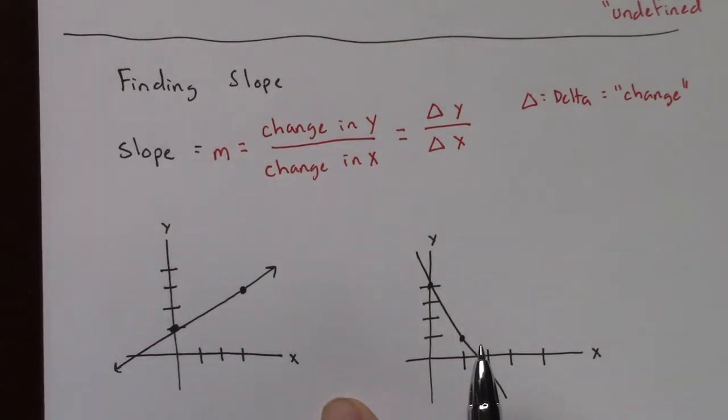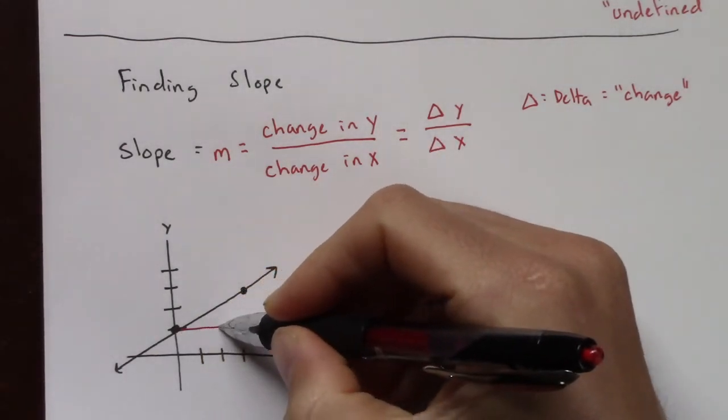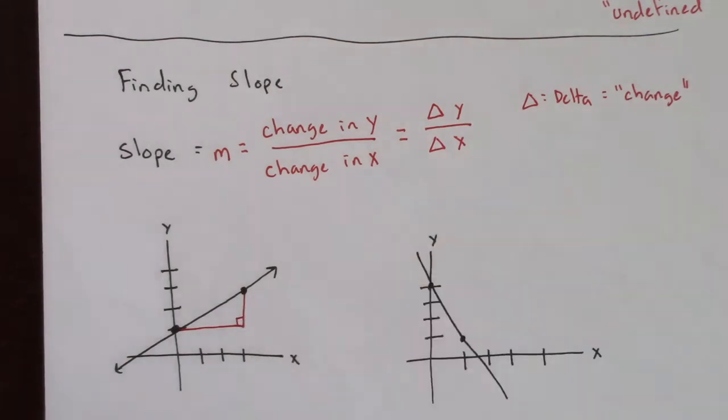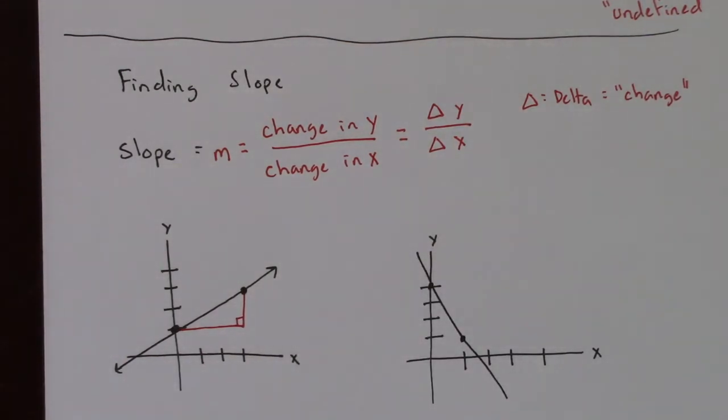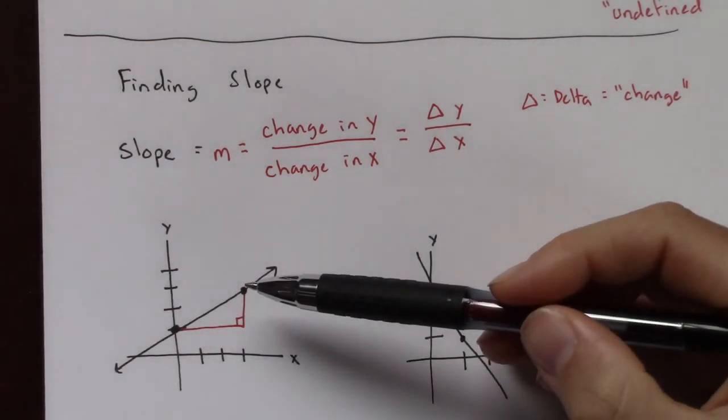So when we're looking at these problems, one of the strategies we've had is to draw in a slope triangle. And the idea behind our slope triangle is if we draw in that triangle with that right angle in there, we can find my change in x, we can find my change in y.